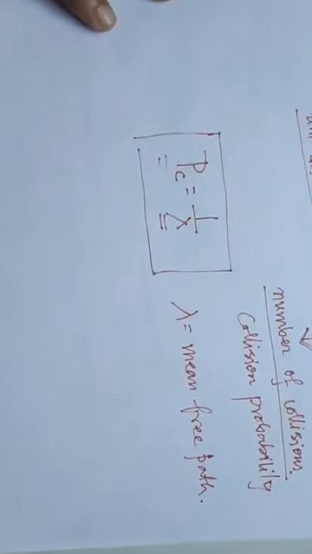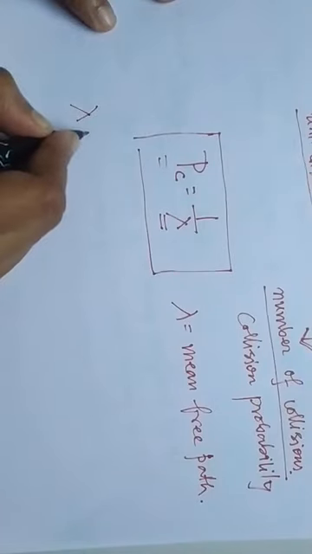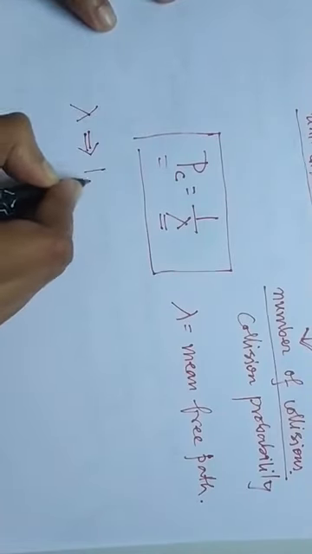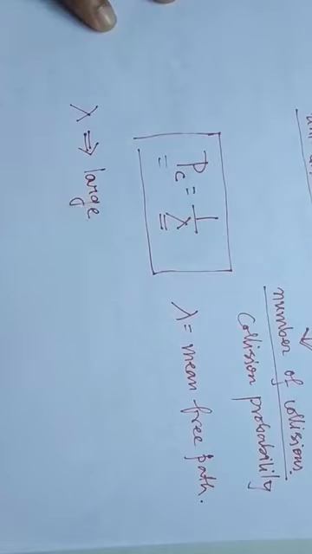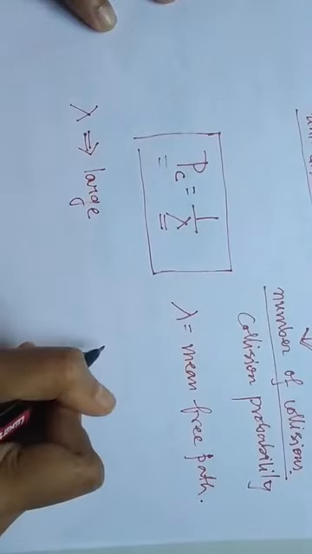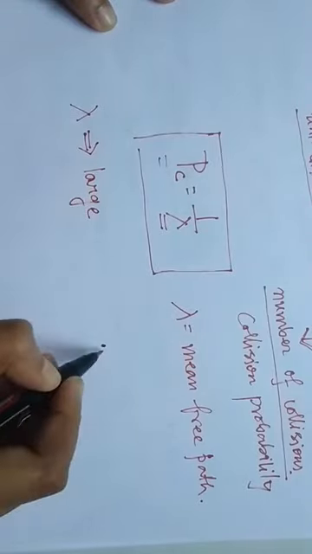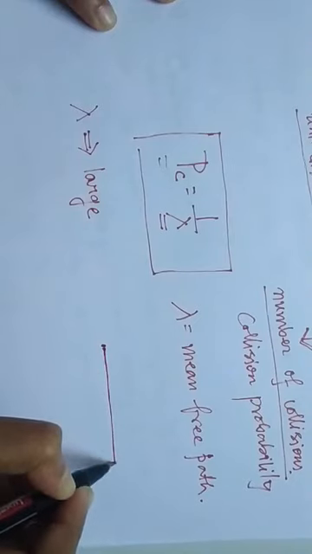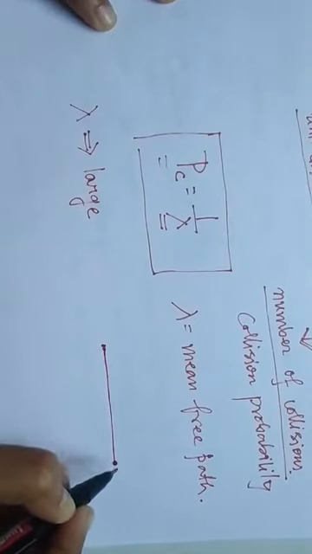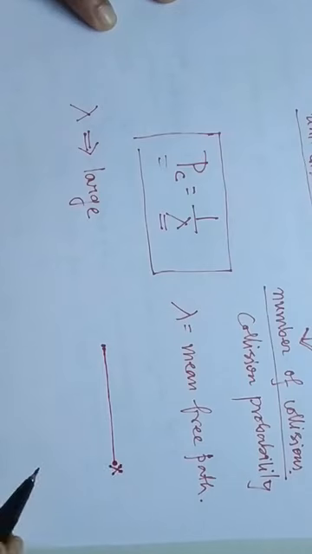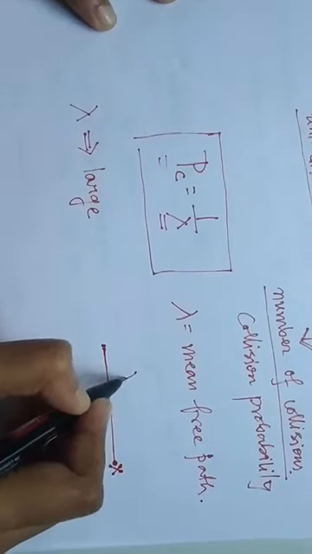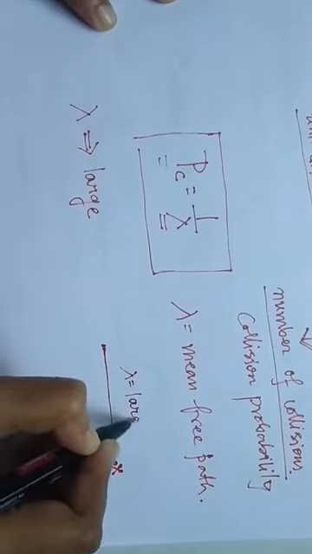So it means that if one molecule has a large mean free path, then after suffering one collision it will travel a greater distance before suffering another collision. For a large value of lambda, what does it mean?